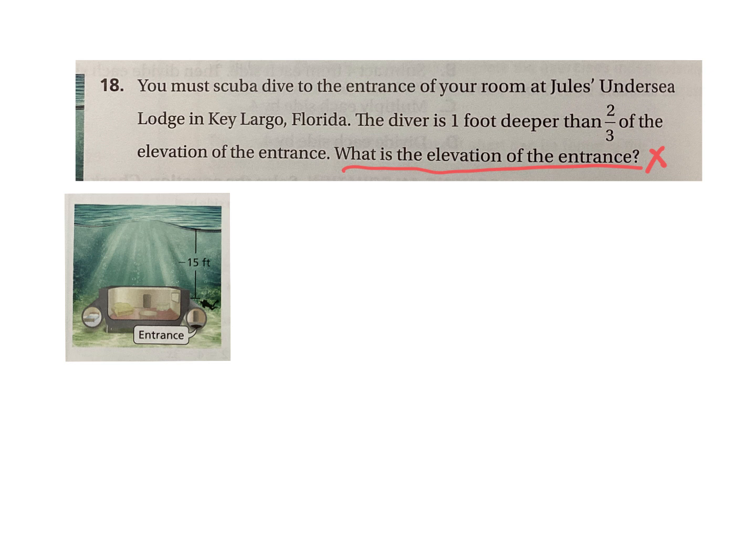Okay, so 2/3 of the elevation. So I know that 2/3 of means times. We don't know what the elevation is. We know the diver is 1 foot deeper. So we're going to go down 1 more foot. And that's going to equal, when we look here, we see that it's minus 15.